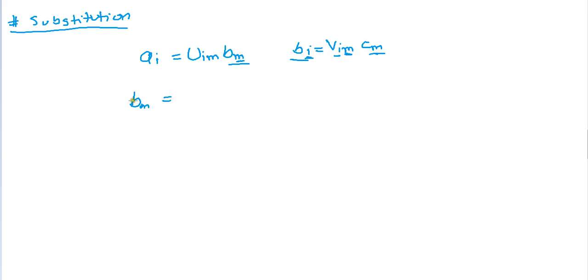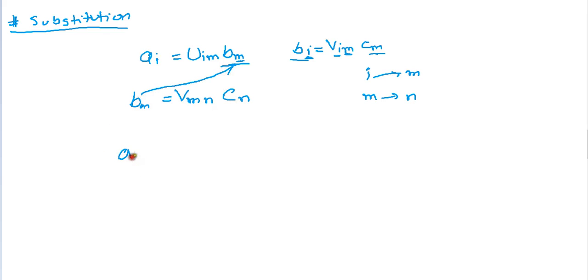So we can substitute B_m equal to B_mn and C_n. So I replaced by m and m replaced by n. So we have got B_m equal to B_mn and C_n. Then we can substitute to here too. So we can now easily substitute to here, right?